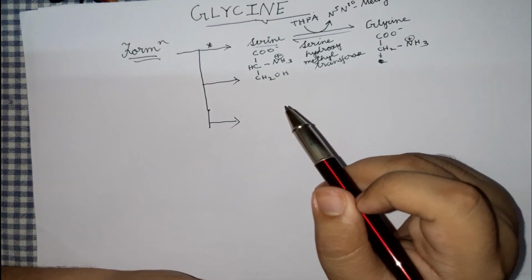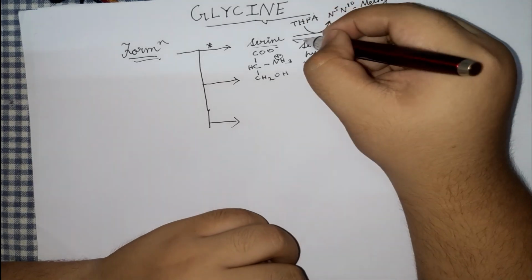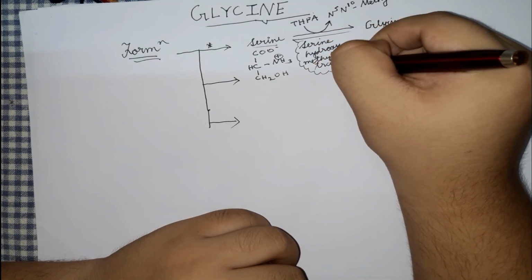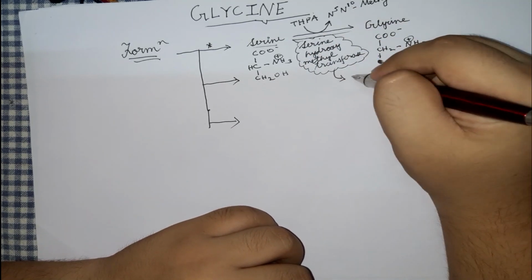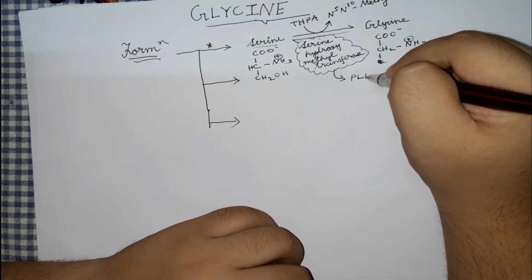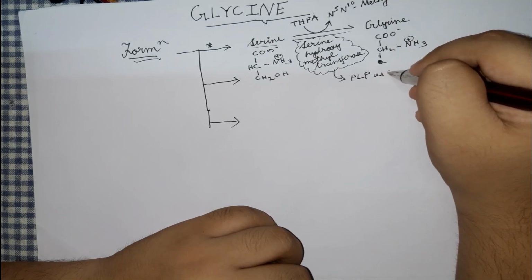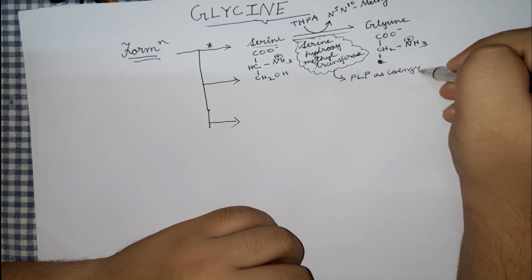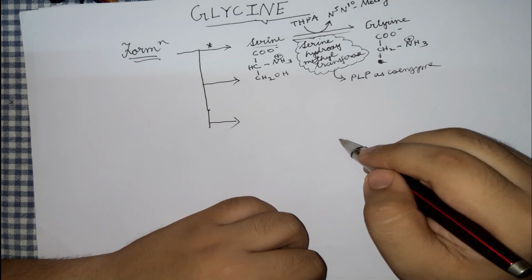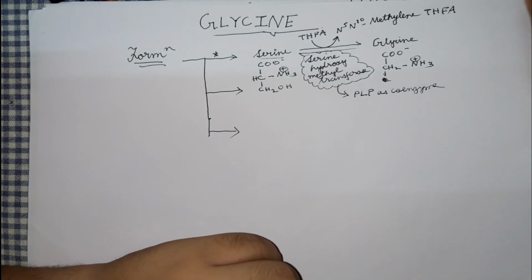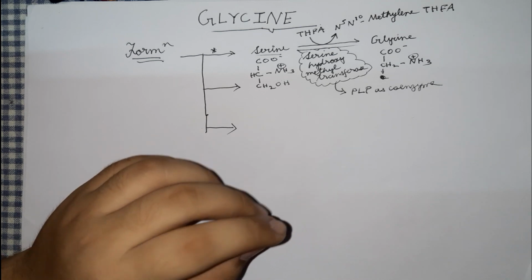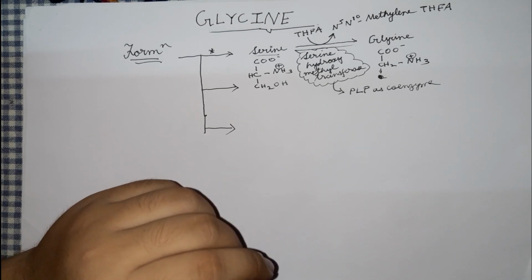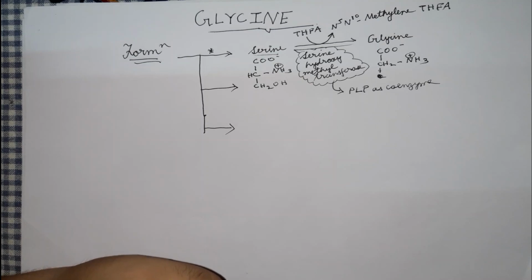Another very important thing which I think is worth noting is that this enzyme needs PLP as coenzyme. I think the name PLP should ring a bell because we have already studied PLP, pyridoxal phosphate, when we studied transamination and oxidative deamination, right?